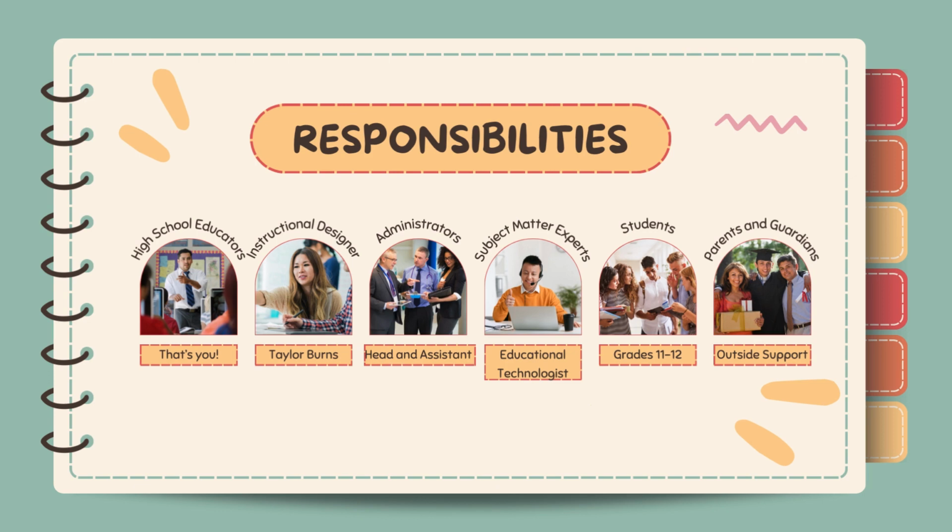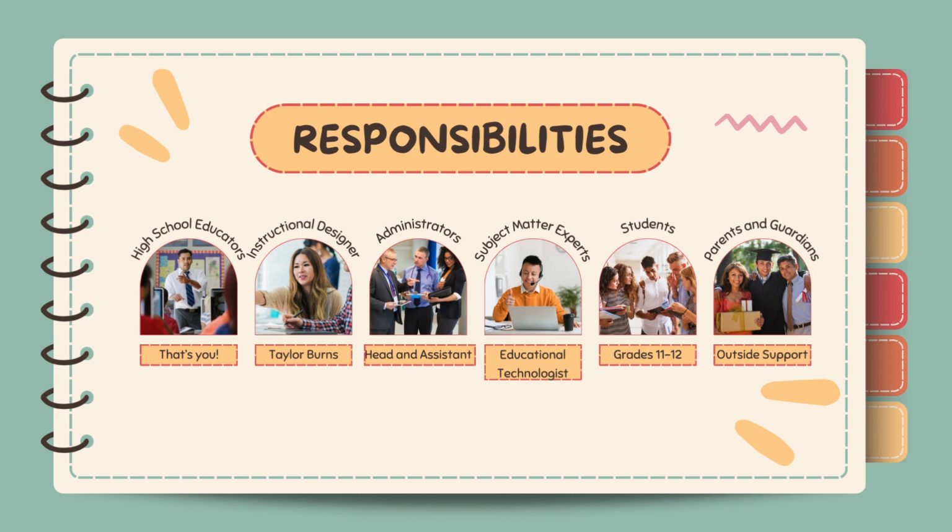All right, so whose responsibilities on this project? I wanted to explain each individual person that would be involved in this project. So there's 6 different types of people that would be involved. The first one I want to start with is the high school educators, which is going to be who this training is geared towards.